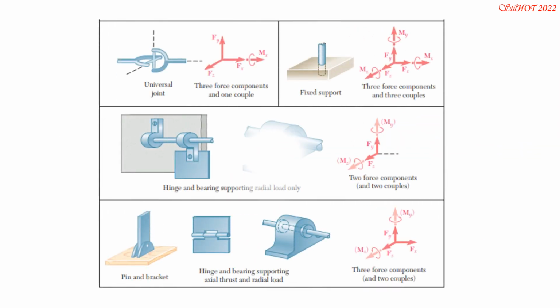Then another situation, we have a universal joint here. So all the three reaction components are present. There is constraint along x, along y, and along z. Aside from that, there is resistance to rotation about the x-axis.